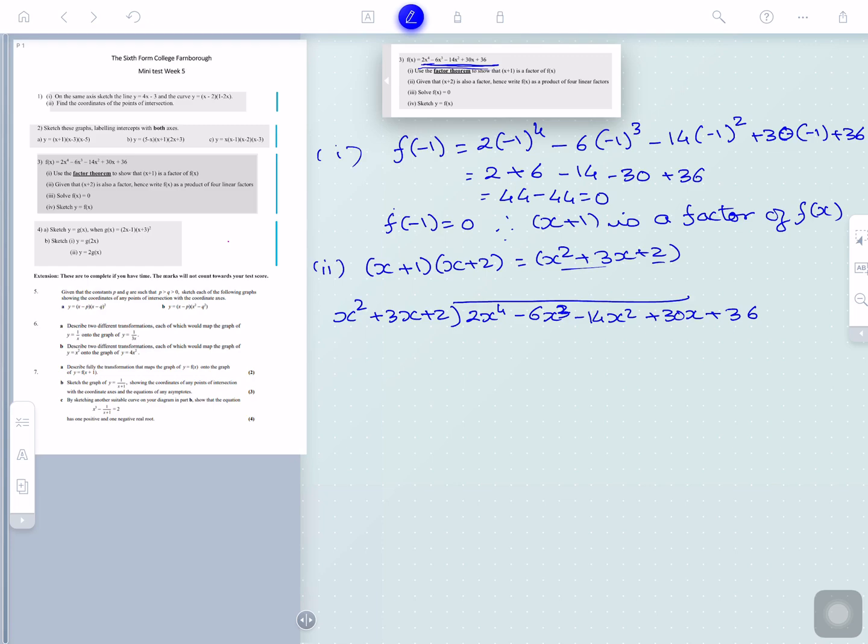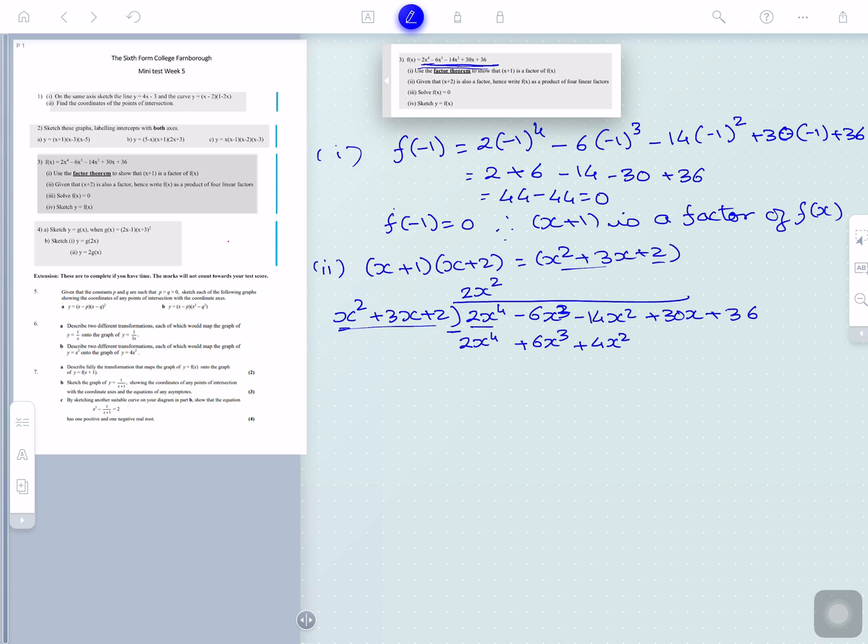So what will I times x squared by to get 2x to the power of 4? It is 2x squared. And then you times all this by 2x squared. So you'll get 2x to the 4 plus 6x cubed plus 2 times 2 is 4x squared.